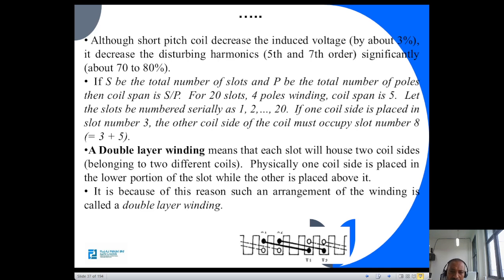And if S is the total number of slots and P is the total number of poles, then the coil span, like I said previously, is going to be S by P. Now let me show you the advantage of this pole pitch.